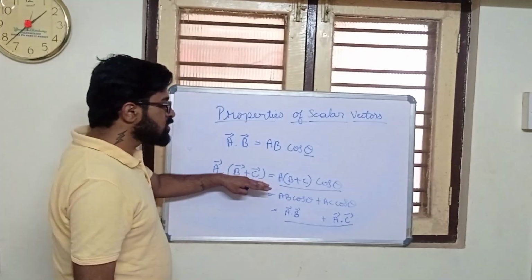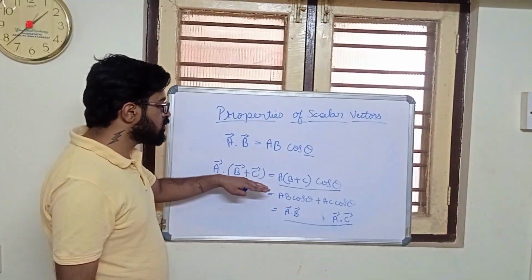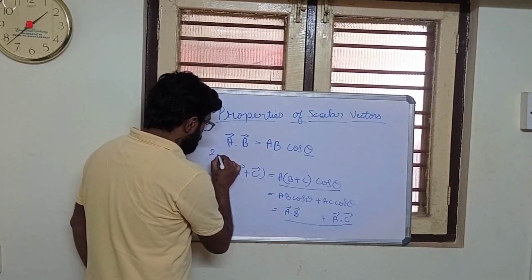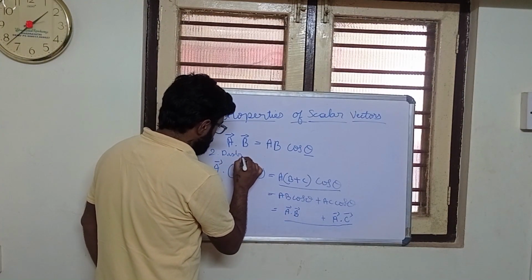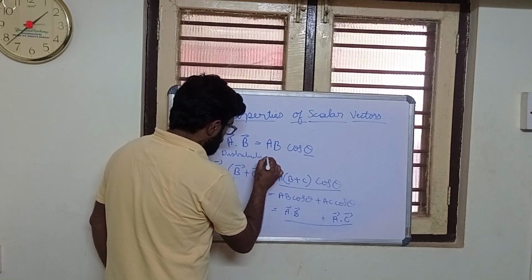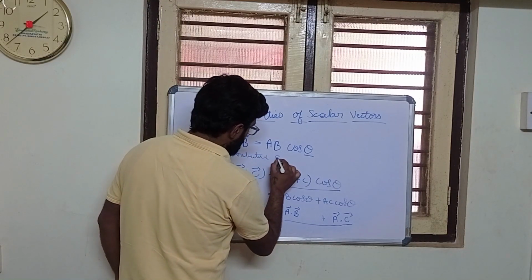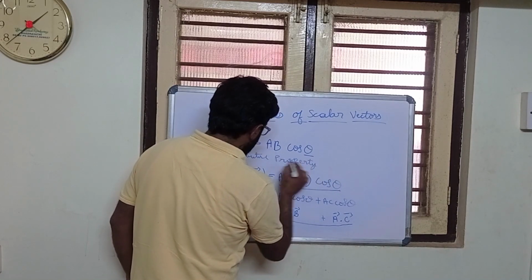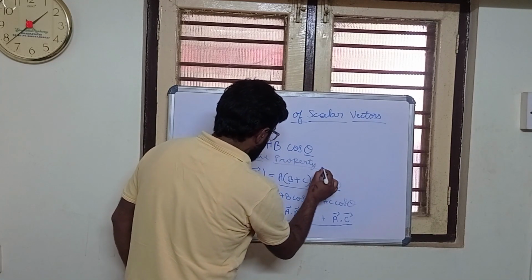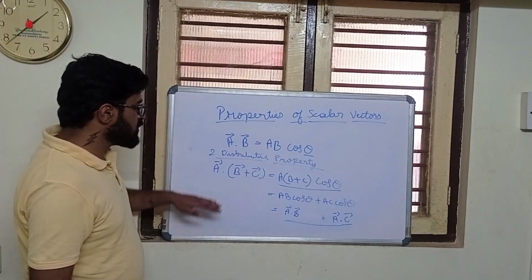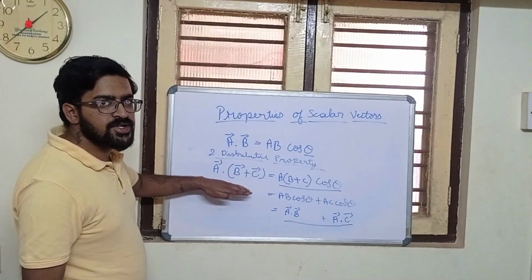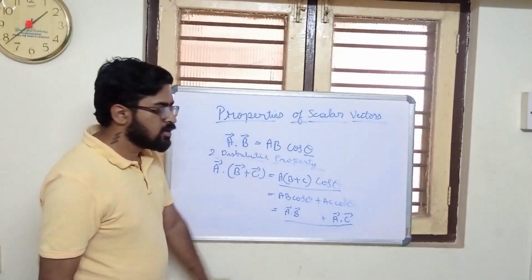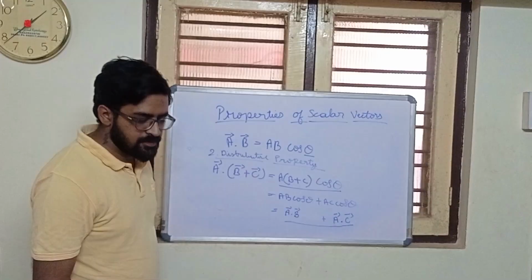So this property of two or three vectors is called the distributive property. The dot product of three vectors will give you this answer, so this is called the distributive property.